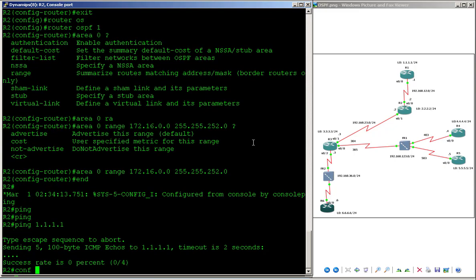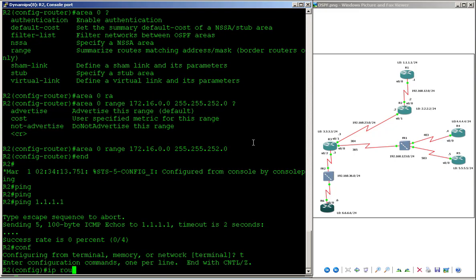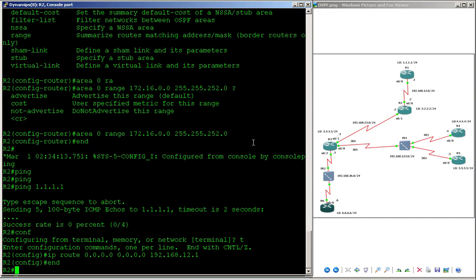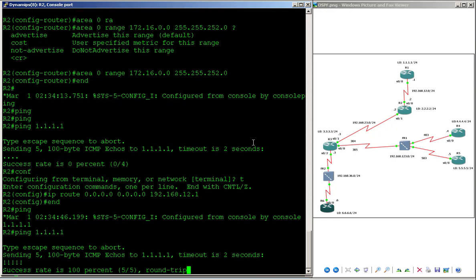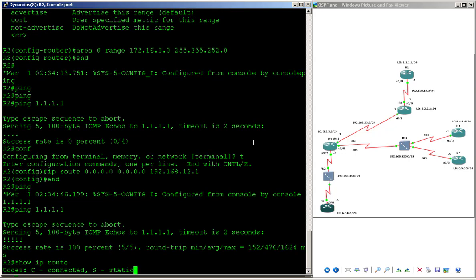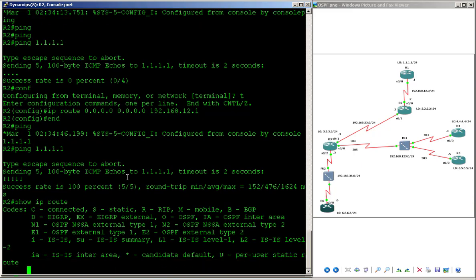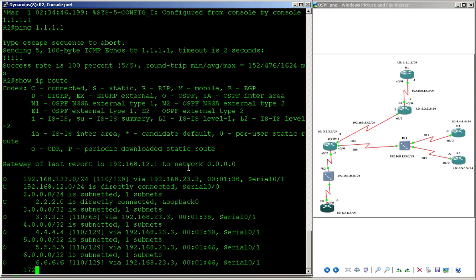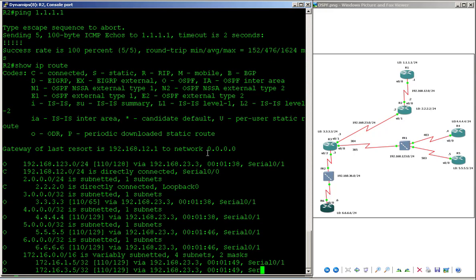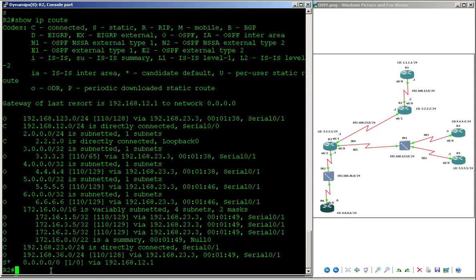Now I have to configure terminal, IP route 0.0.0.0 0.0.0.0, so that's the default route to go to 192.168.12.1. Now if I ping 1.1.1.1 on router 2, that should be fine. And if I do show IP route, we can see that the default route is shown. The gateway of last resort is 12.1 to anywhere, and this is the static route which I have created.